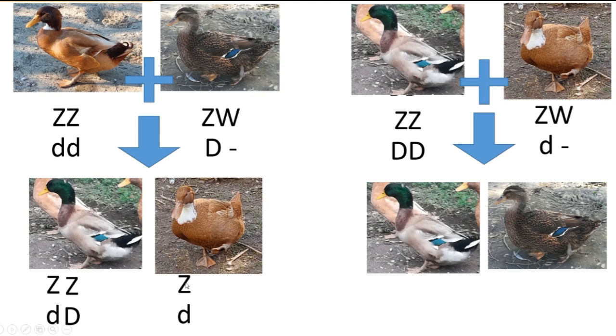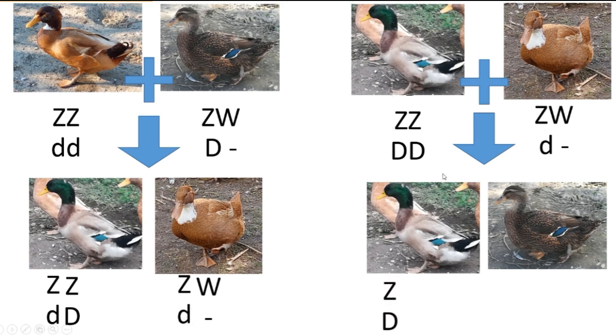The daughter received the Z with color brown from her father, and from the mother's side she will receive the W that will set her gender to be female, and there is no gene for this brown one. So that's why there will be nothing to block the brown from taking effect.